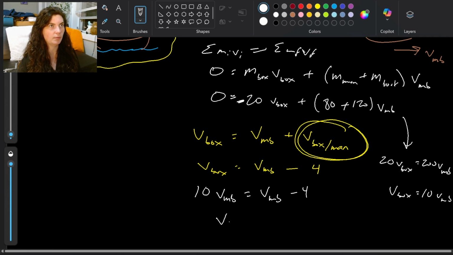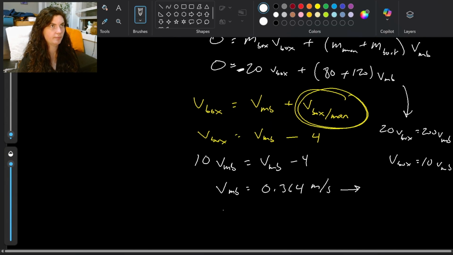And that is going to give me my velocity of man and boat is 0.364 meters per second. And I got a positive, so that's to the right. And if I substitute that back in, I know that my box is 10 times greater.